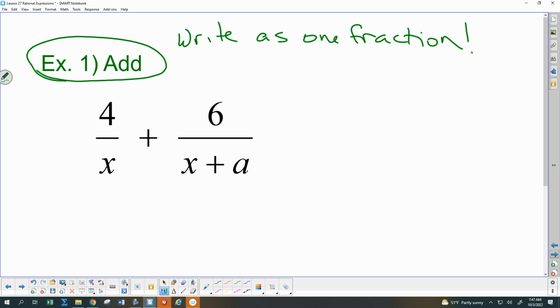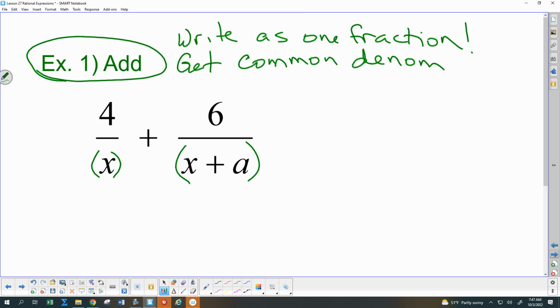So start by getting a common denominator. So one fraction has a denominator of x, the other one has a denominator of x plus a. So we know that we need the common denominator to be x times x plus a when we're finished.